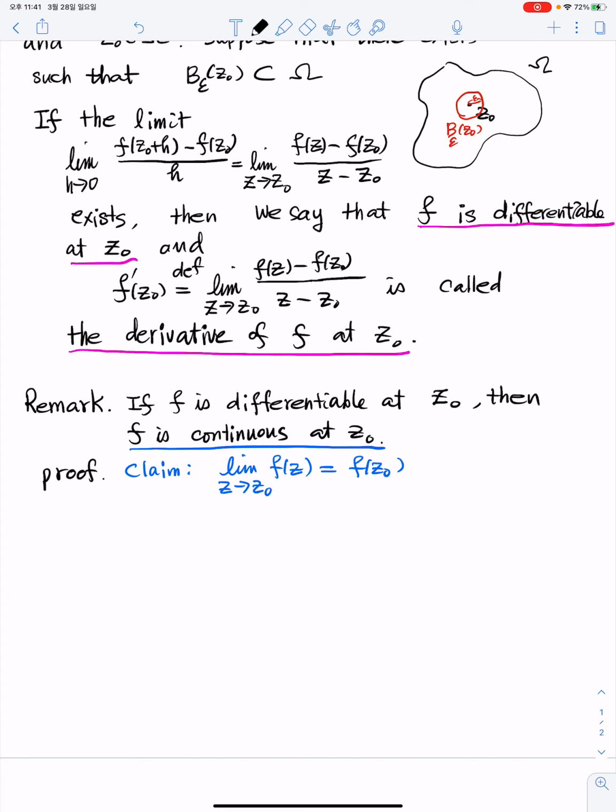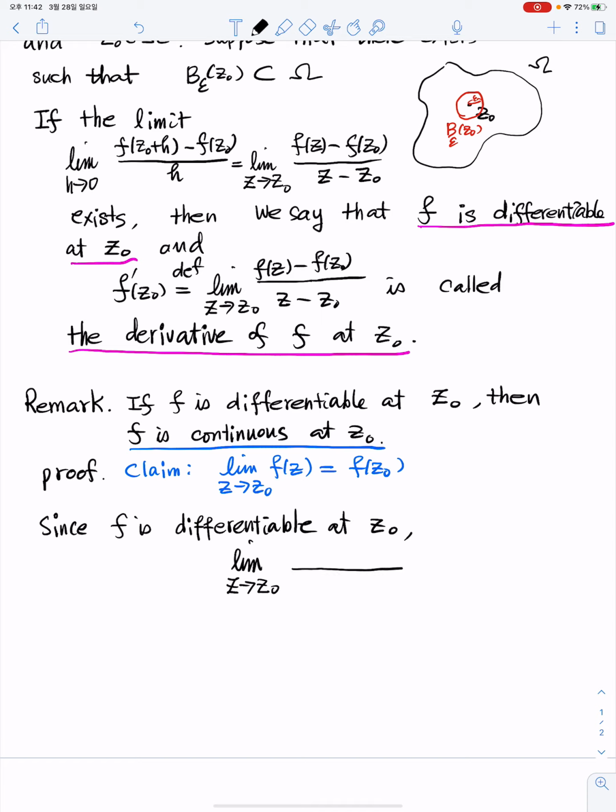We know that since f is differentiable at z0, so we have what? The limit z approaches z0 of f of z minus f of z0 over z minus z0. So this guy exists, right? This one is f prime of z0. So that is our assumption here.